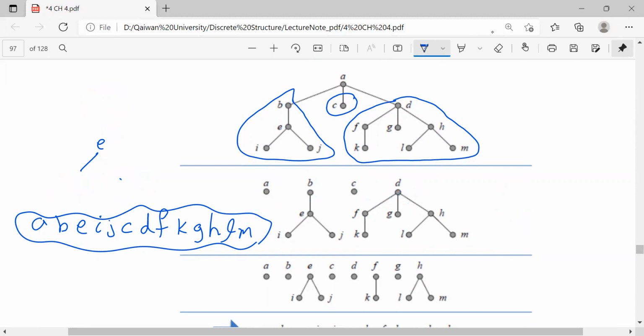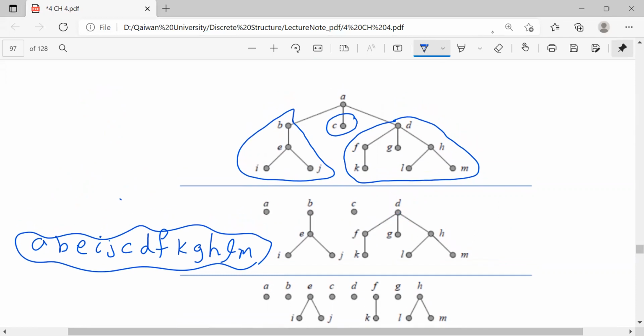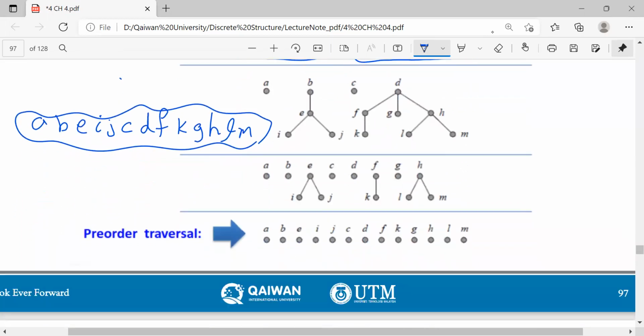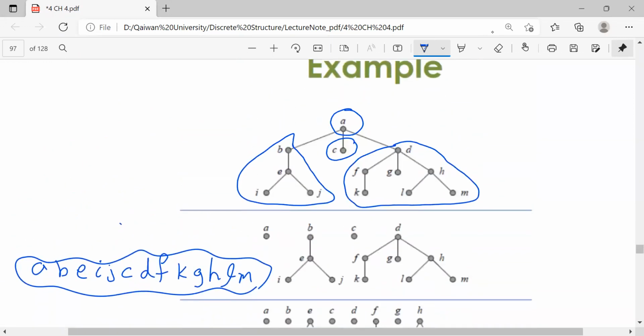As you see here, we start from the root for the tree. The root for the tree is A. We first write down the root. Then we take the left subtree, then the middle subtree, and the right subtree. Here we have B, E, I, J. This one is the left subtree.